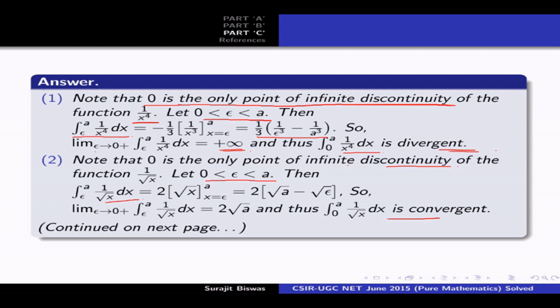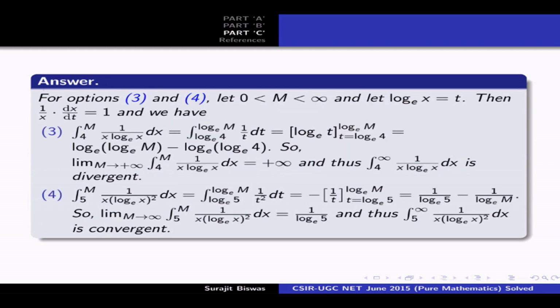For options 3 and 4, let 0 less than m less than infinity, and we substitute log x equal to t. Then 1 by x dx equals dt, and we have the integral from 4 to m of 1 by x log x dx. If x equals 4, then t equals log 4, and x equal to m implies t equal to log m.